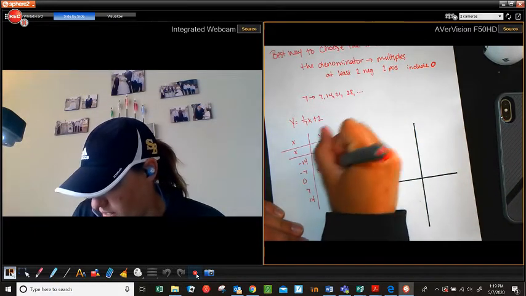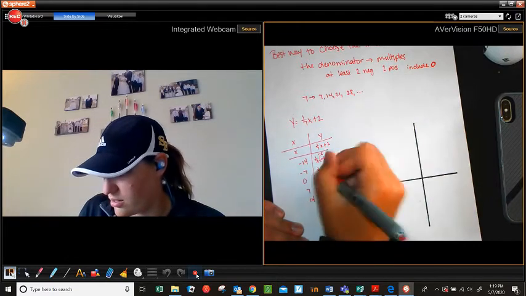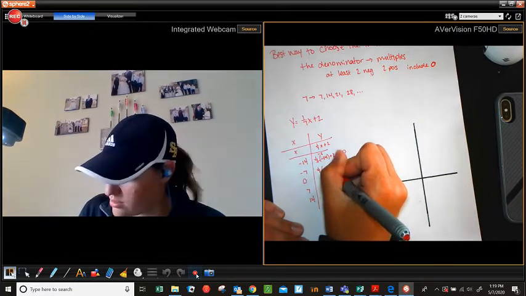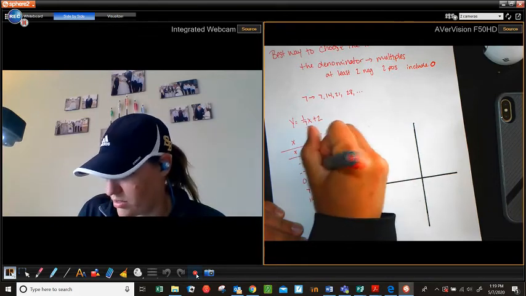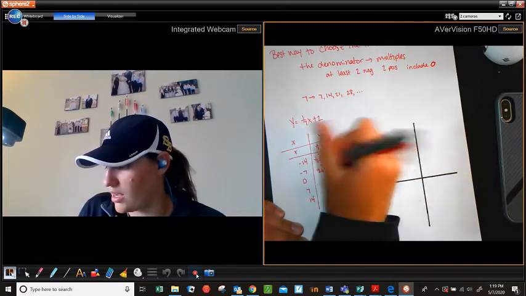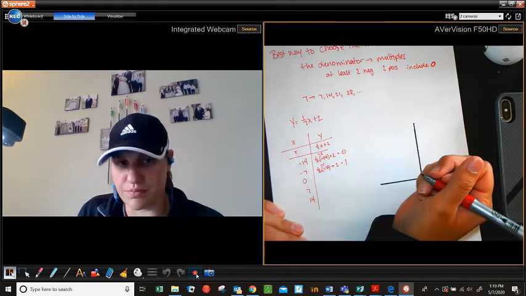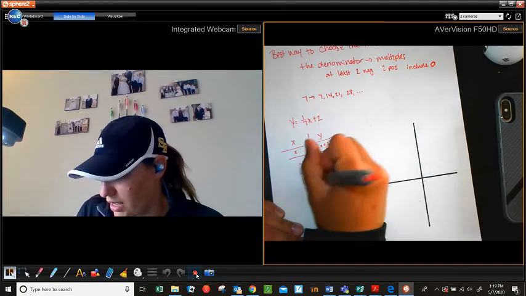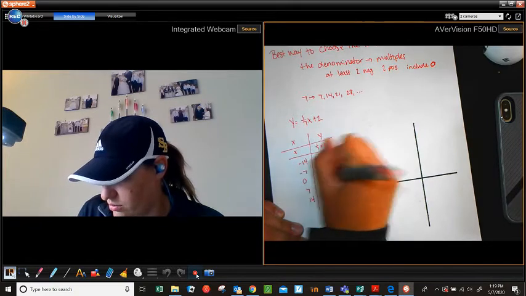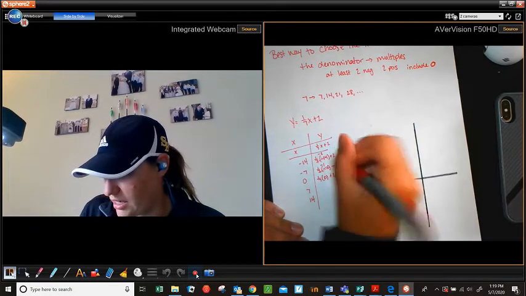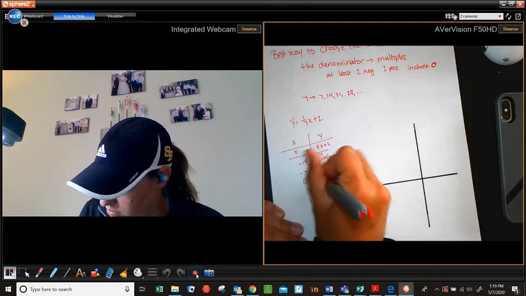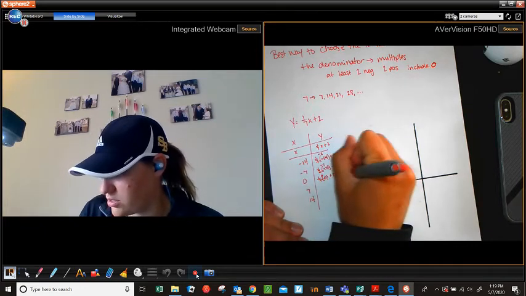Substitute -7 in. 7 goes into 7 once, so when that cancels out, we really have -1 here. And -1 plus 2 is 1. Now we have 1/7 times 0 plus 2. And anything times 0 is 0, plus 2 would be 2.